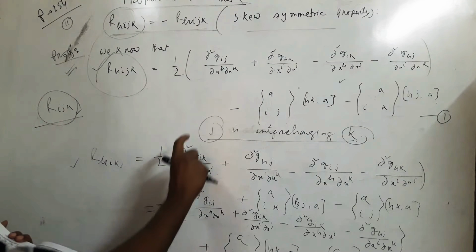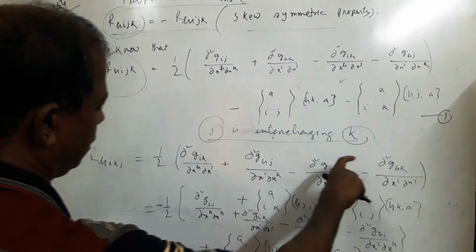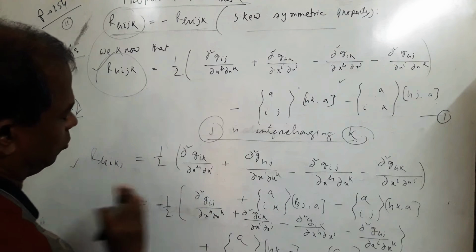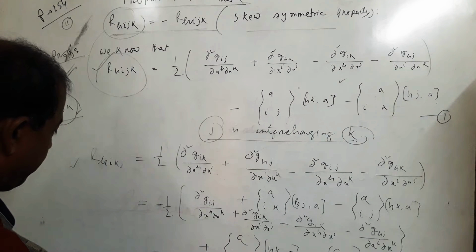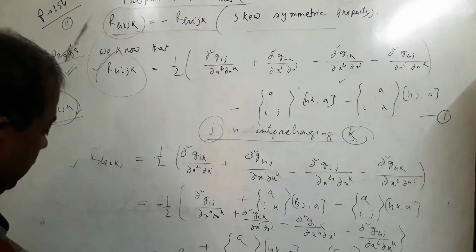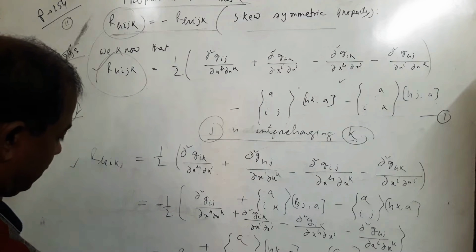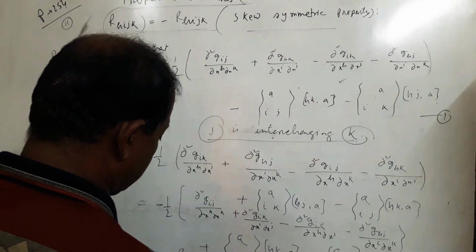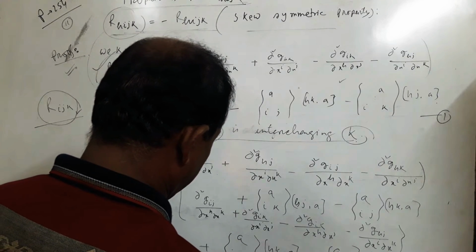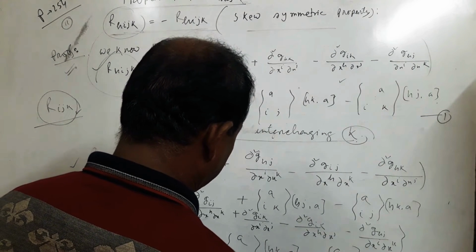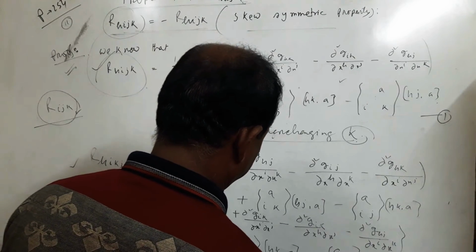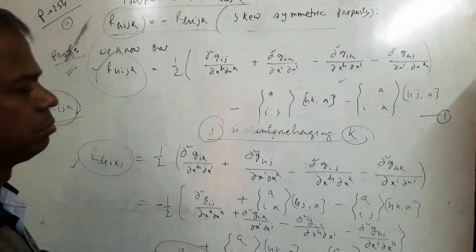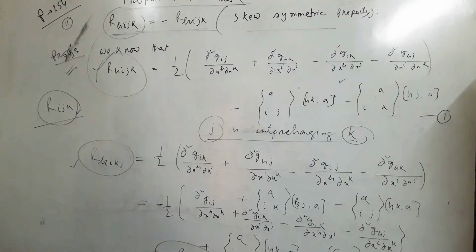We have to format it, then the minus sign is common, and that equals minus R_HIJK. It is a skew-symmetric system. This is the root.